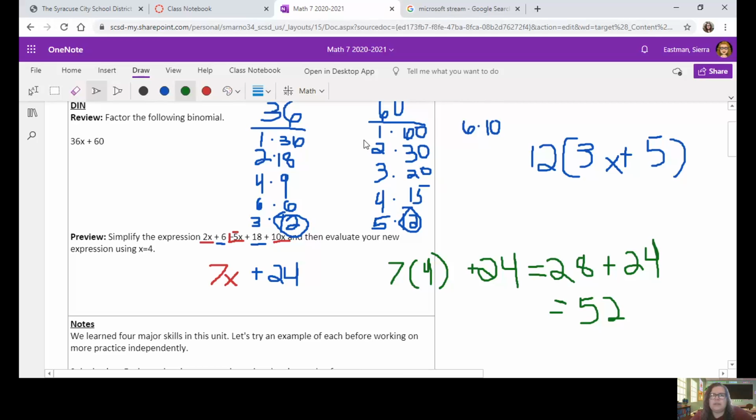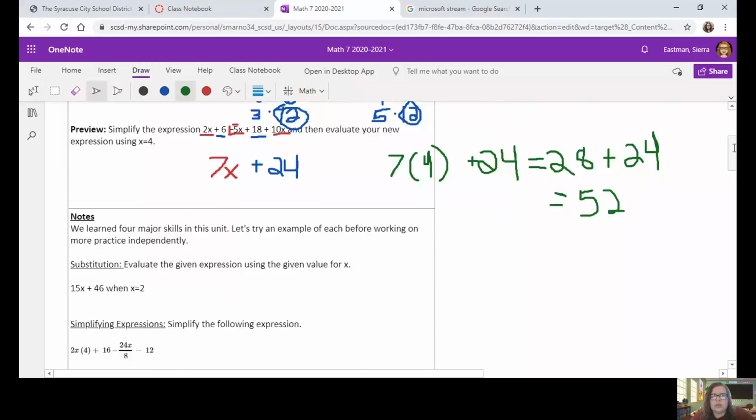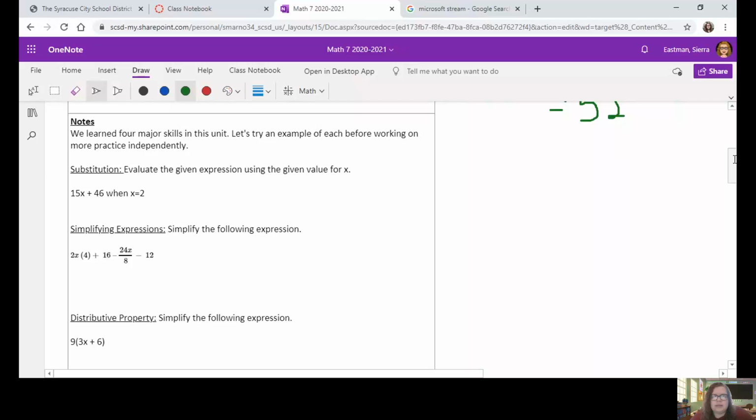And then the very last skill was distributive property in the first place, right? Using the box method or the area model method, whatever you like to call it, to simplify an expression first, or going backwards to factor that binomial.